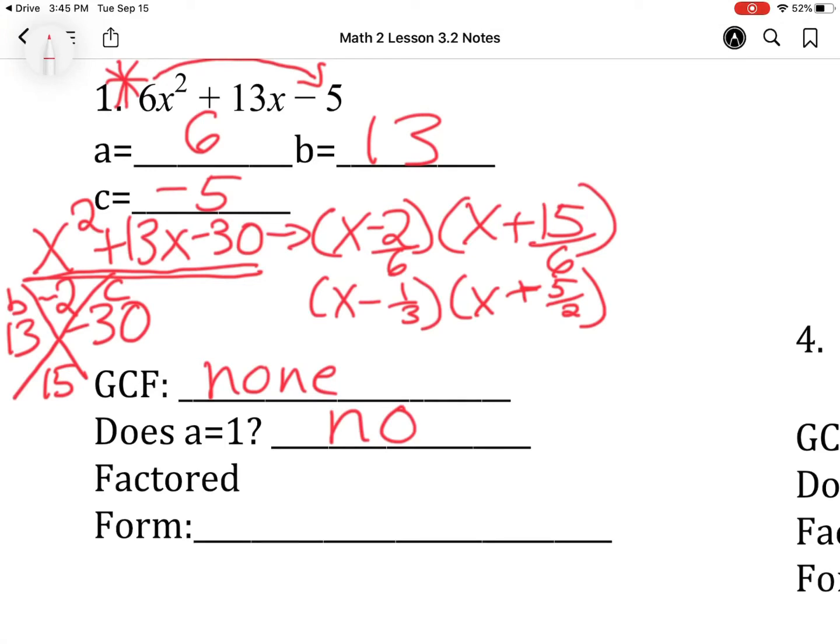If you cannot simplify to a whole number, the denominator moves in front of the x. So then we have 3x minus 1 and 2x plus 5. And that would be our factored form.